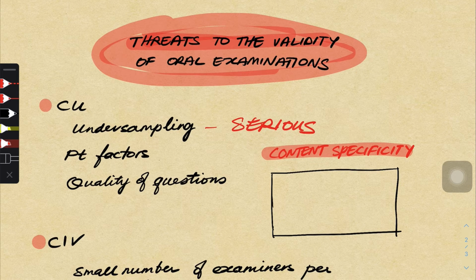Now, what we do in assessment is that we sample. We ask questions here, here, and here. For each question that we ask, the candidate's performance is related to that particular content, this area that we are asking about.